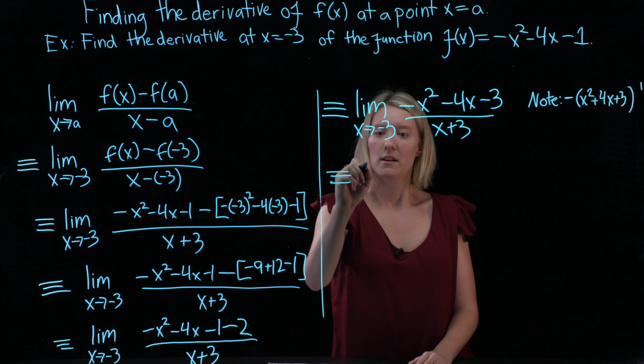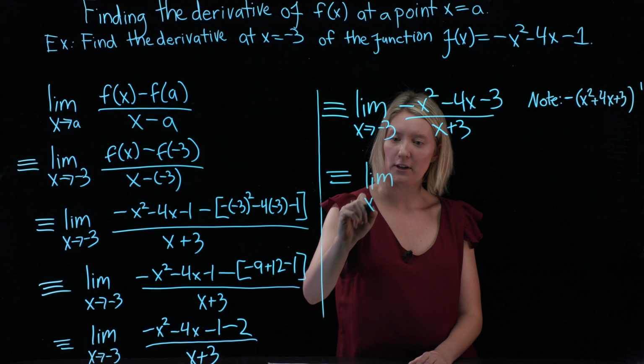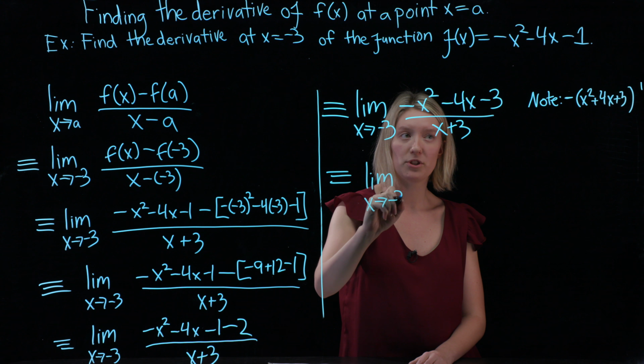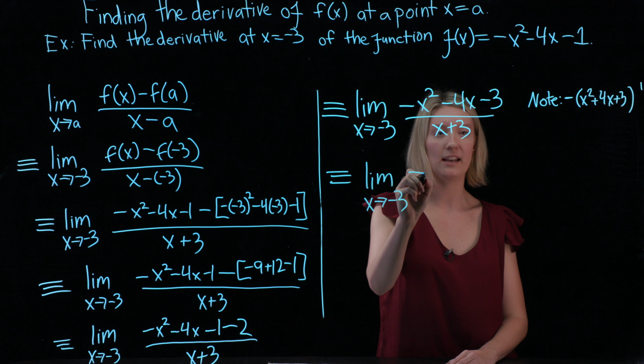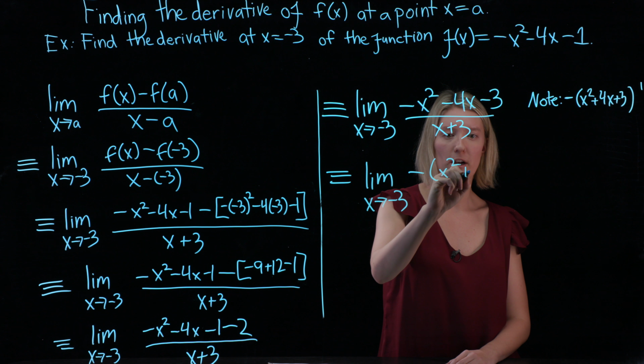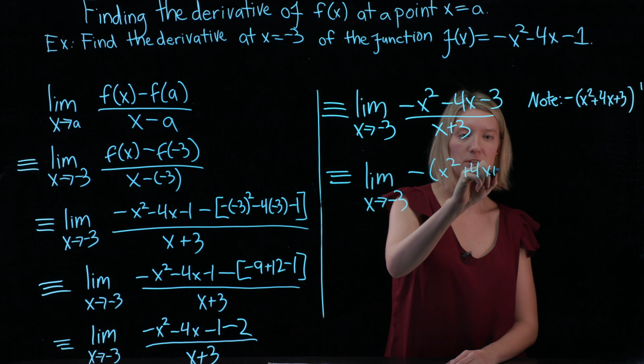So now that I'm trying to factor my numerator, I have the limit as x approaches -3 of negative x squared plus 4x plus 3. This can factor to x plus 3 times x plus 1. And at this point, I can see that I can cancel out these terms.